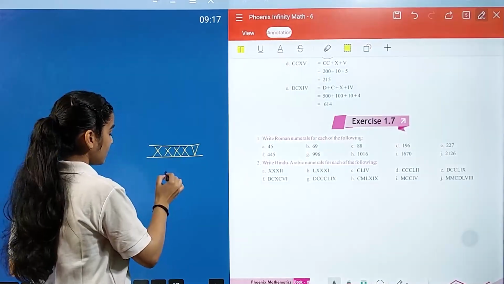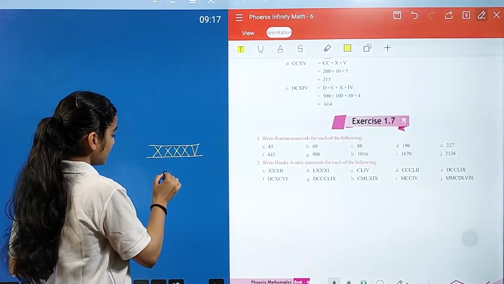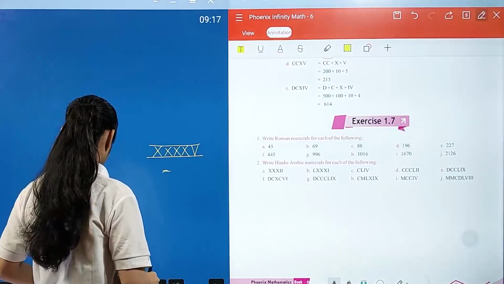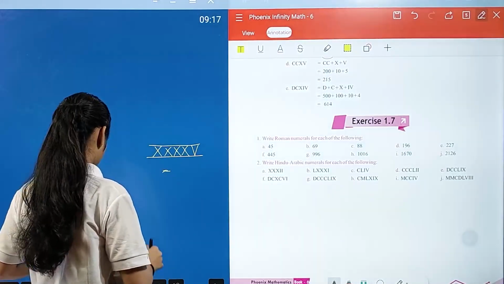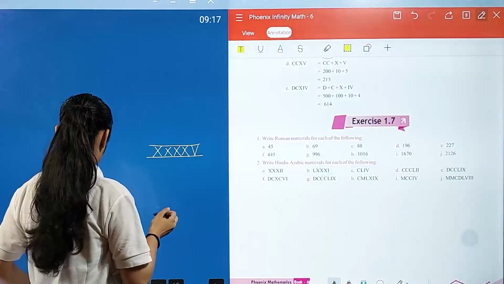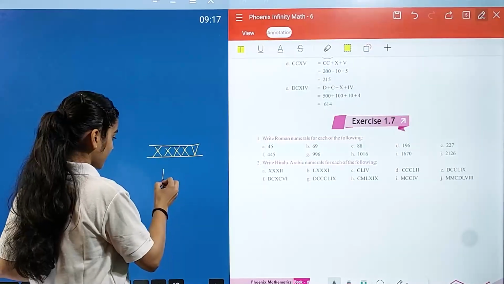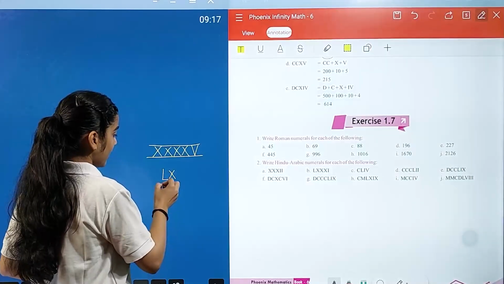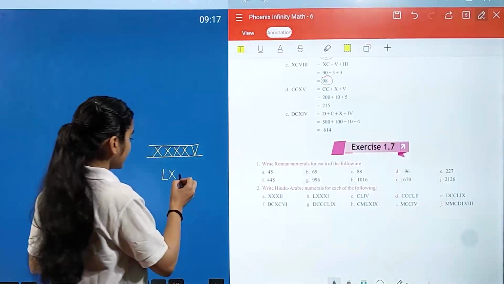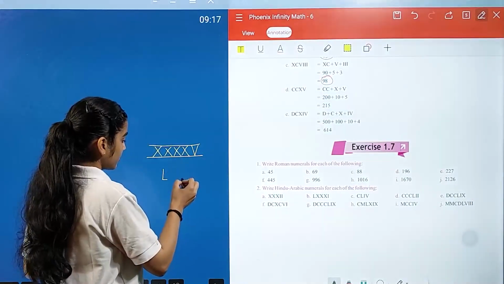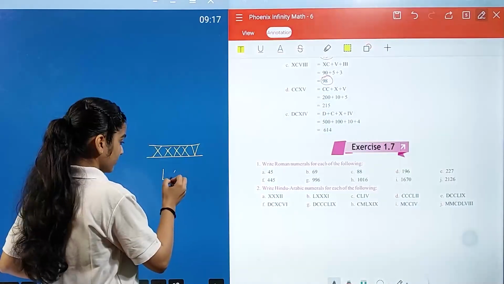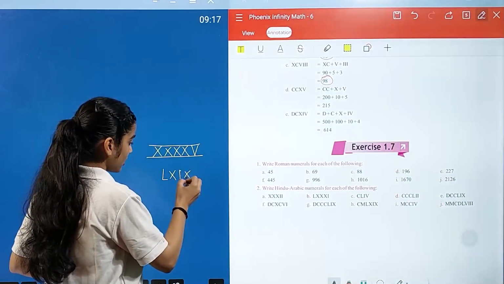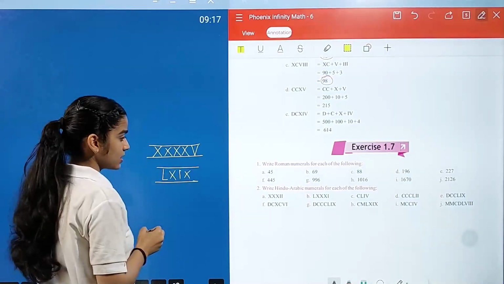For 69, we have LX, and now we have to represent 9. So this is your 9. This would be your 69.